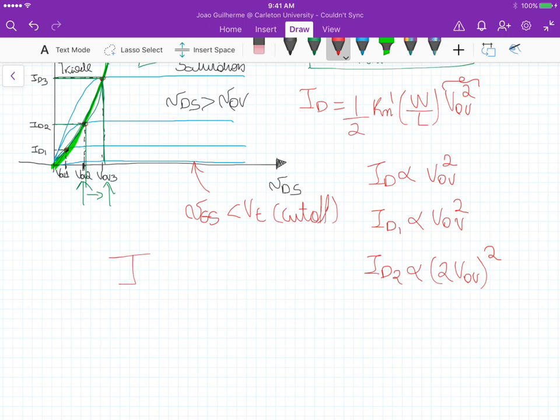And this means that the new drain current ID2 is going to be proportional to 4 times VOV squared.